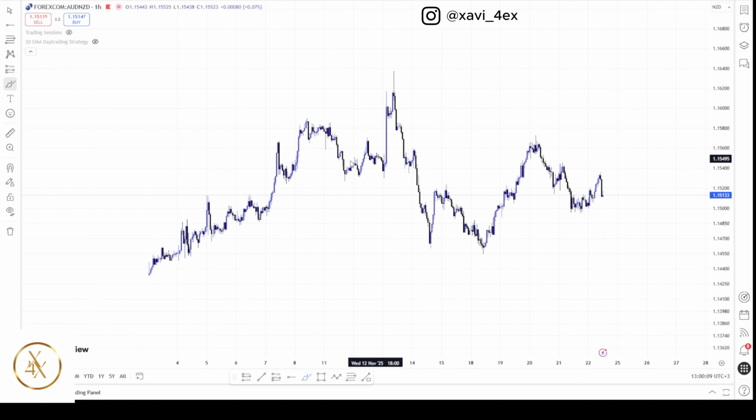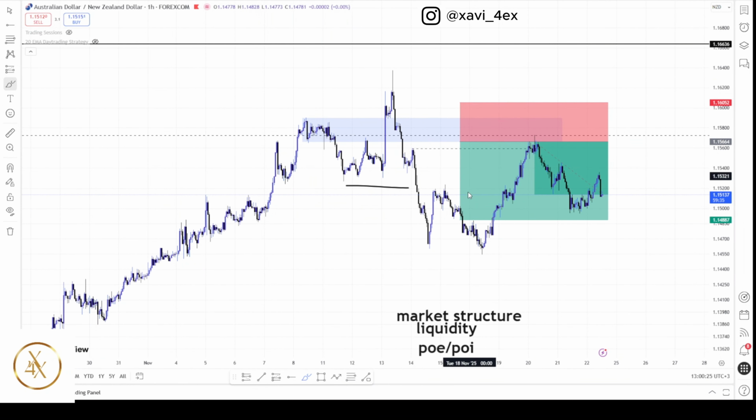Remember, you want liquidity to be soaked and price to tap into a point of entry. Usually it's a point of interest on the big time frames, but you need to make it precise as a point of entry on the smaller time frames.